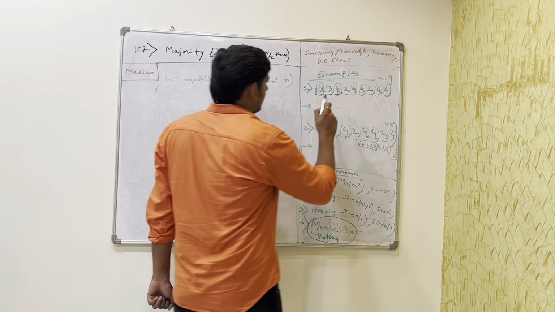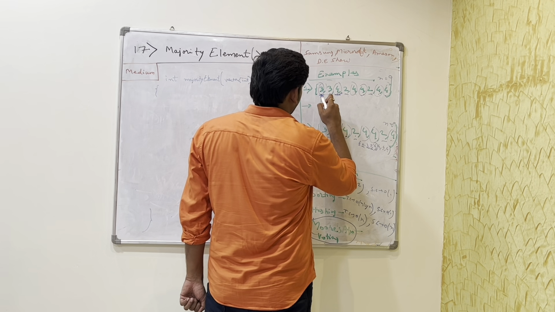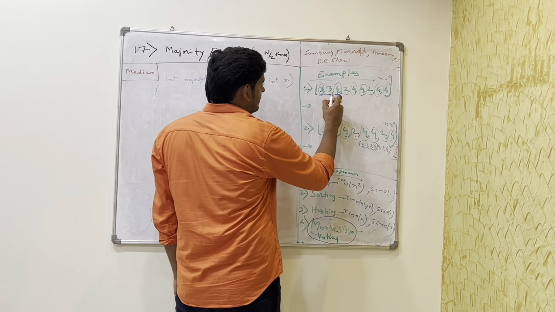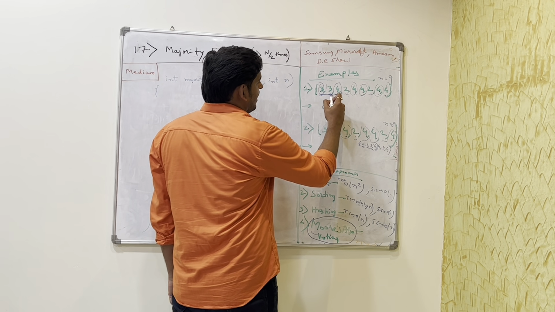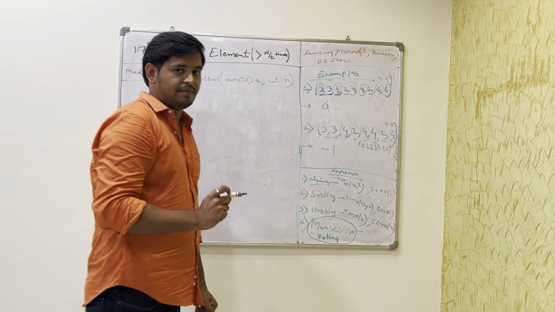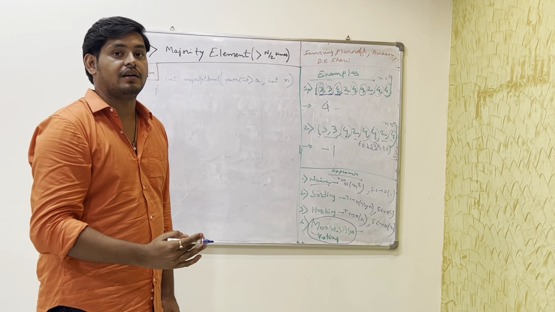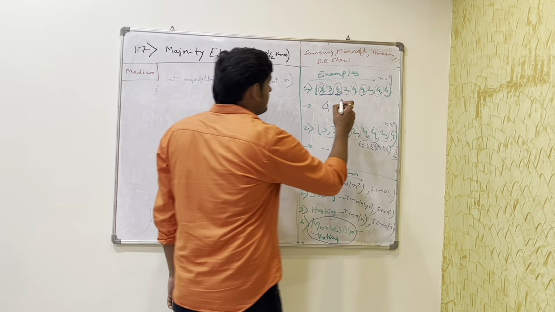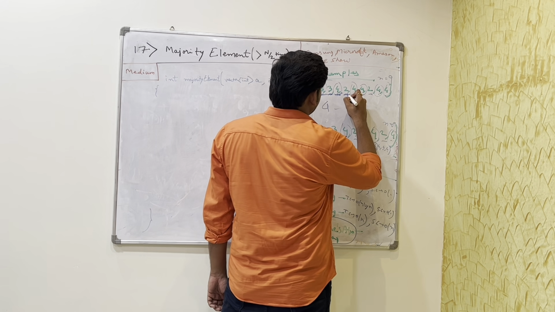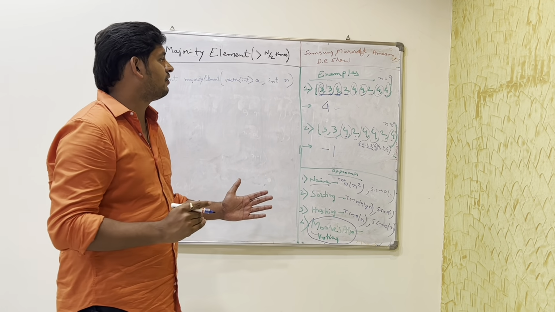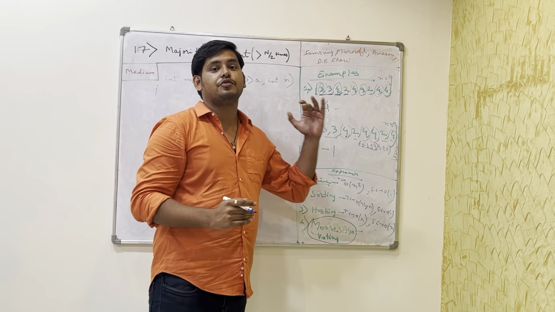Suppose at this point of time, whenever we get an element here, 3 was the majority element. When the next element is not the majority element, can we reduce the count of 3 by 1? So if the next element again is not 3, which is not the majority element at that point of time, the count should be reduced.